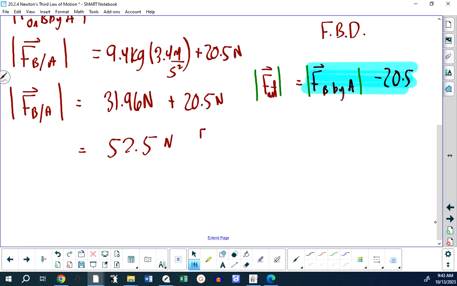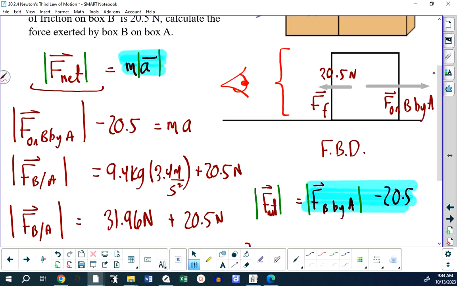But that is a force, looking at the diagram, to the right. It is not always to the right because I have a positive number here. Because we're going to have cases where the objects will accelerate to the left, but we'll still get a positive. Because when we set this part up, it's bigger force minus smaller regardless of the direction.